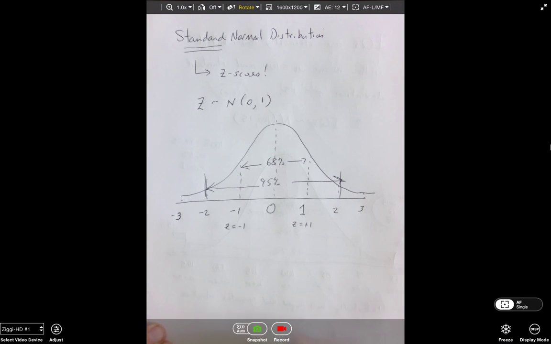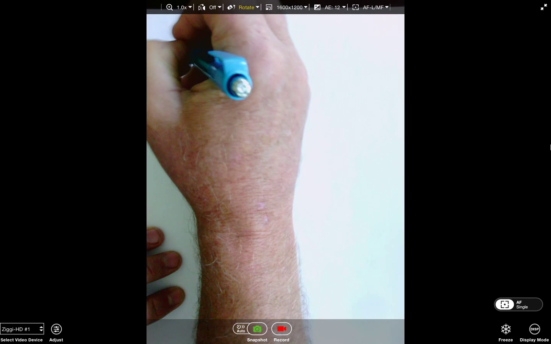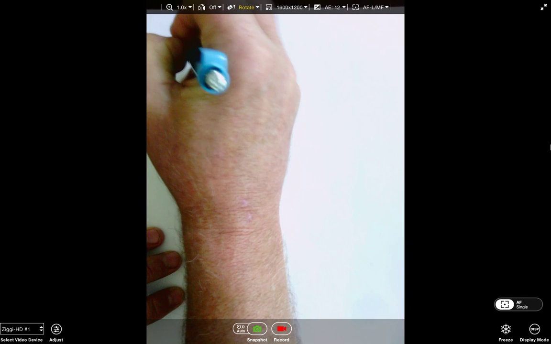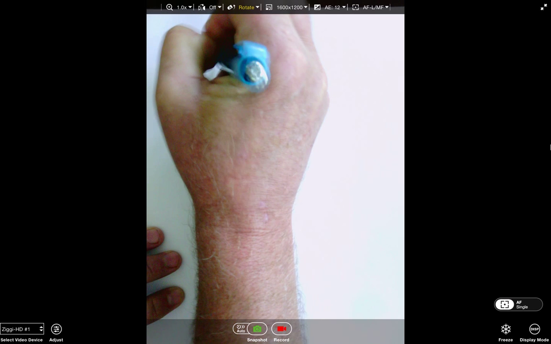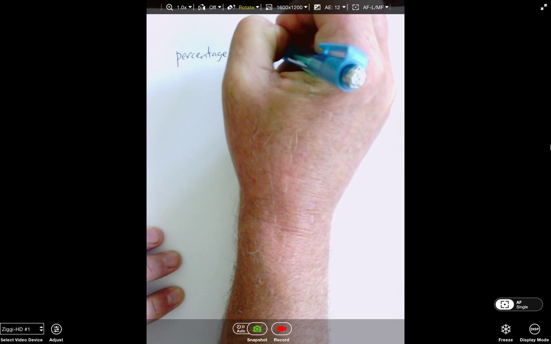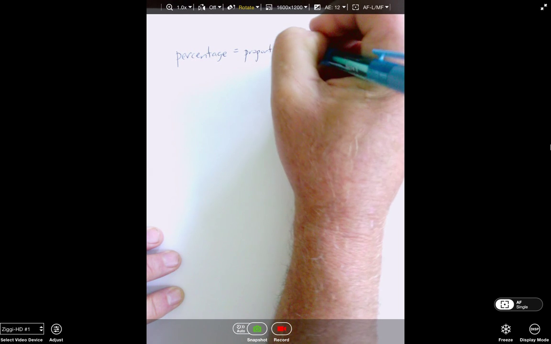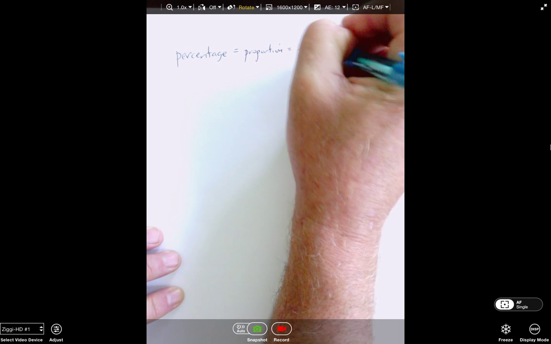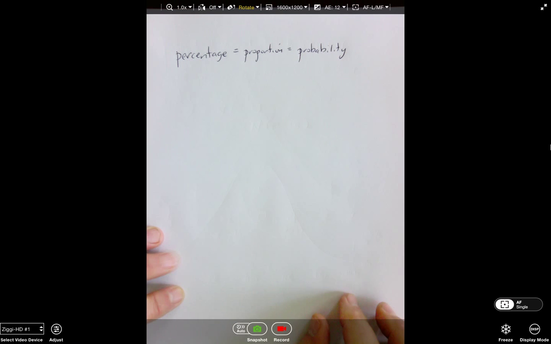Now, the kinds of questions that your textbook gets into now are: what proportion, or what is the probability? Now, guys, in these types of problems, percentage, proportion, probability, at the end of the day, are telling us all the same stuff.